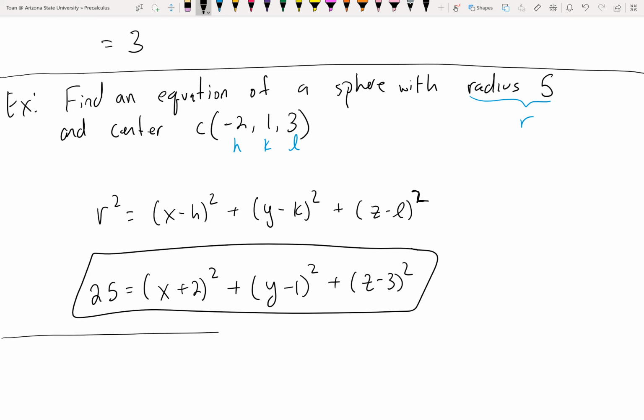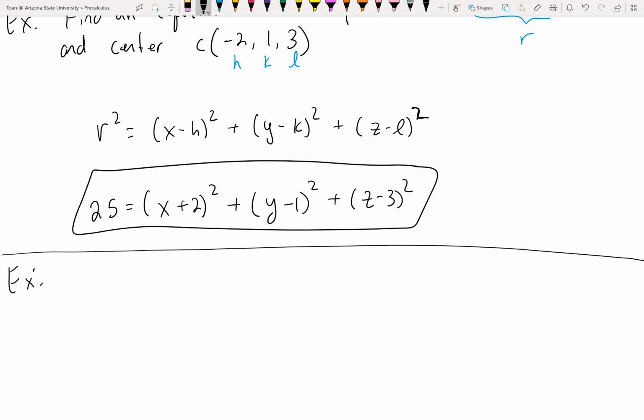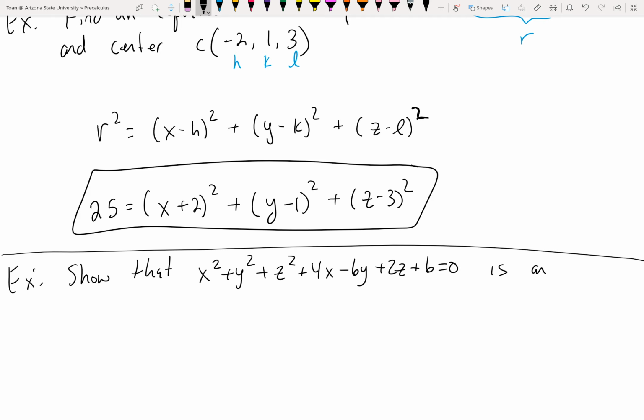Let's take a look at a non-trivial example. Suppose I asked you to show that x squared plus y squared plus z squared plus 4x minus 6y plus 2z plus 6 equals 0 is an equation of a sphere.